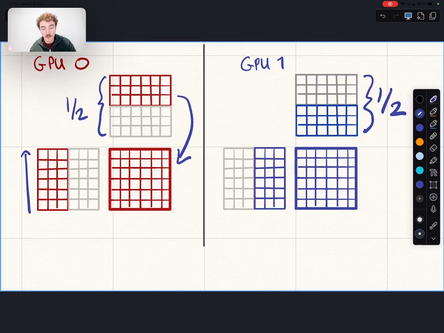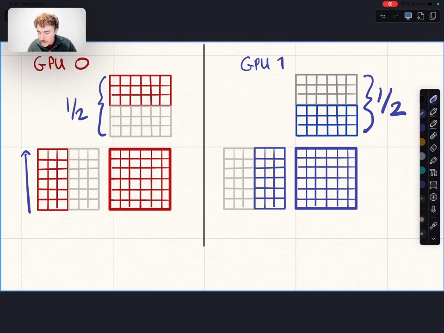In practice, you're not completely bandwidth bound, that's not the only thing you're waiting for, but in theory you should be able to get up to the parallel degree speedup during decoding, and the same is true during prefilling. Across your 2 GPUs, you have twice as many flops available, so you should be able to process the same amount of prefill tokens in half the time if you're completely compute bound. Obviously, that doesn't quite happen in practice, but that's a nice theoretical benefit.